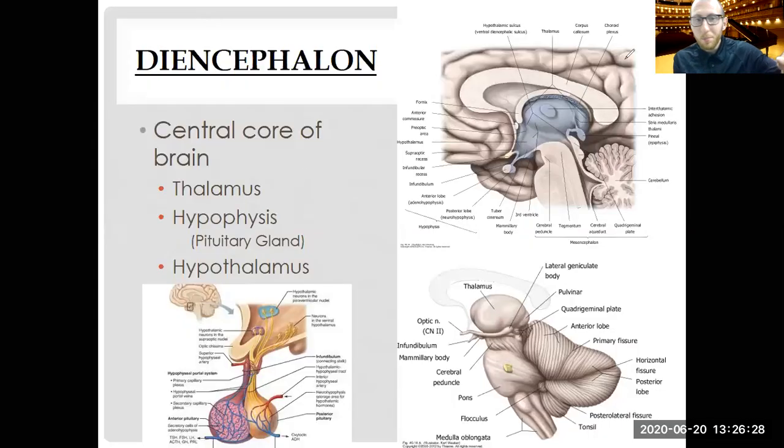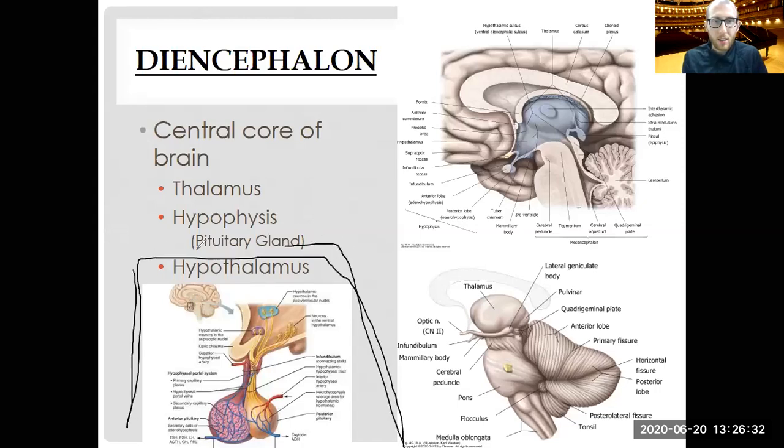Let's look down below at this picture, and what we can see over here is that the posterior pituitary, this one, is the one that's actually connected to the hypothalamus. So let me put an H up here for hypothalamus. It would come down and attach to the posterior pituitary.